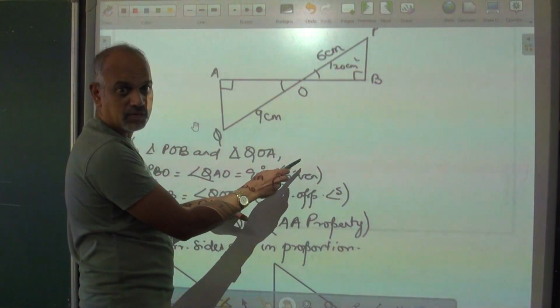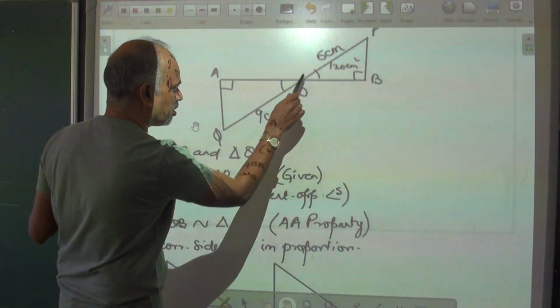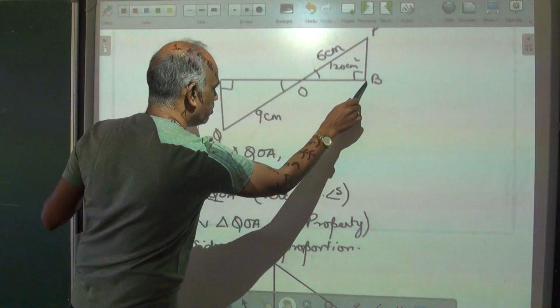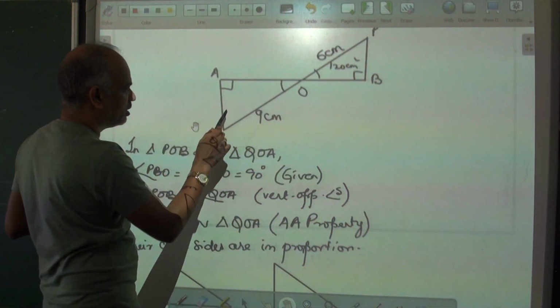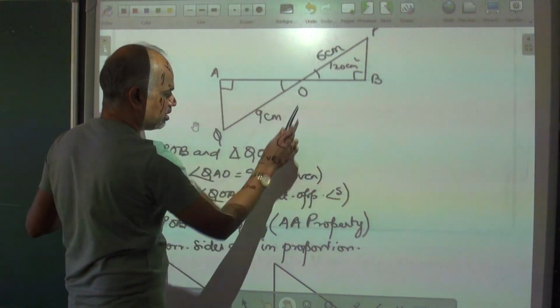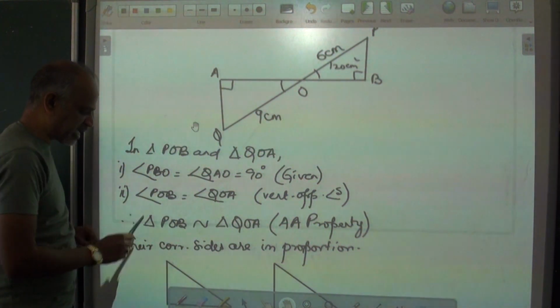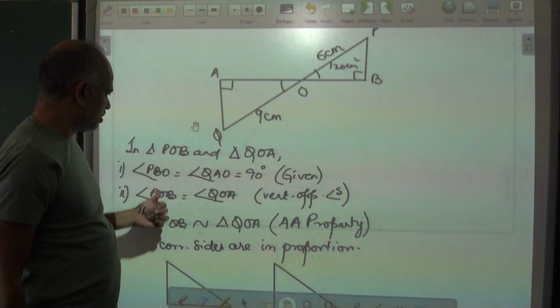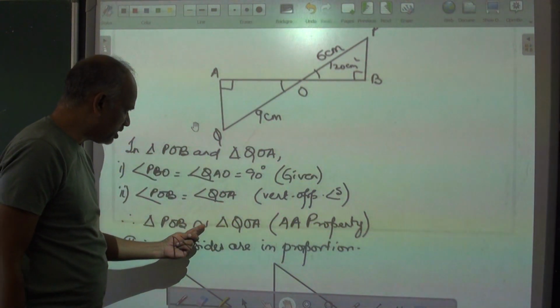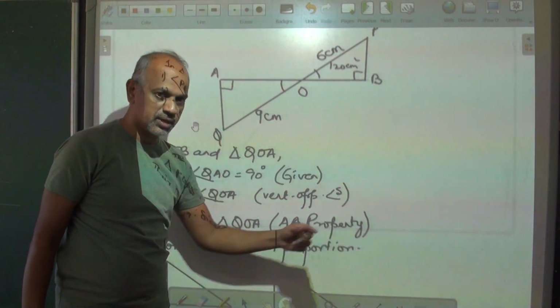How did you know? It was given in the question. The second one was what we marked, this one. Angle POB is equal to angle QOA, this one. Why are they equal? Vertically opposite angles. So two corresponding angles are equal. Therefore, triangle POB is similar to triangle QOA by AA property.